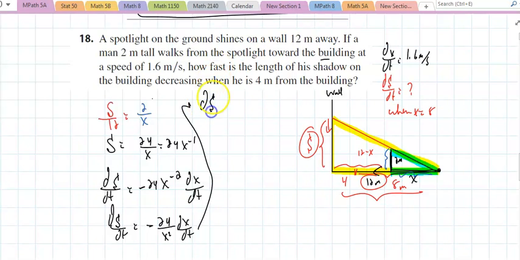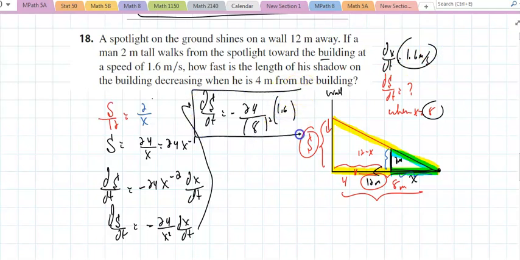And the change of the shadow is negative 24 over 8 squared times 1.6. What would be the units for a shadow? That would be meters per second.